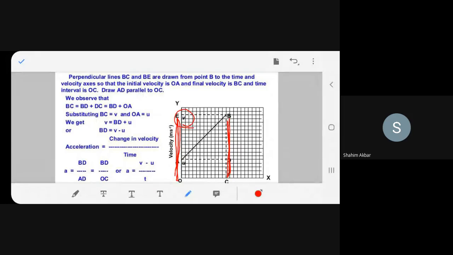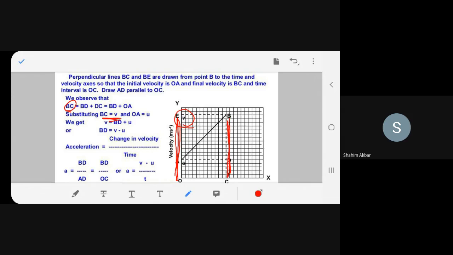Small v. Yes. So BC becomes v. Right? So BC is equal to small v. So we got this, right? Now we have the notation to solve the equation.